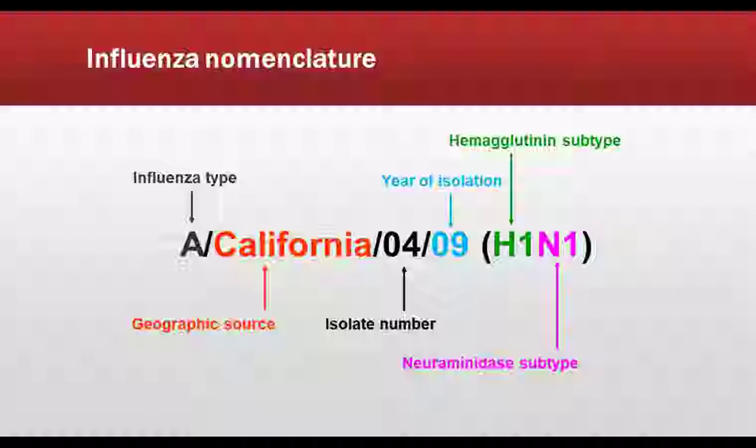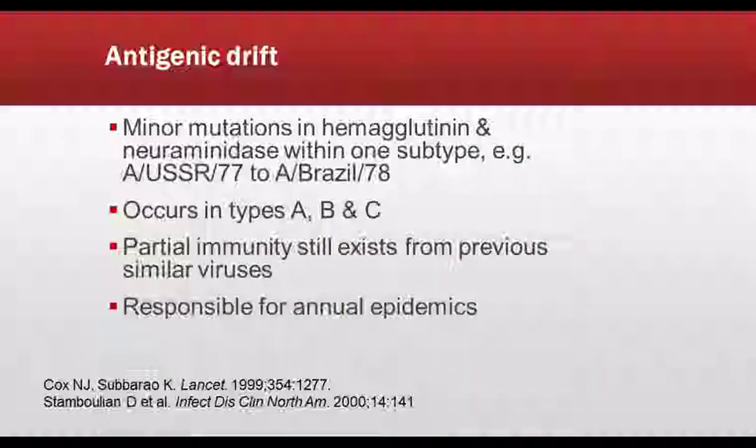And then influenza A viruses get further subtyped as to the specific hemagglutinin and neuraminidase. So this is an H1N1 virus, and as you may have already recognized, the virus that's being named here is the pandemic 2009 virus that was first identified in children in California.